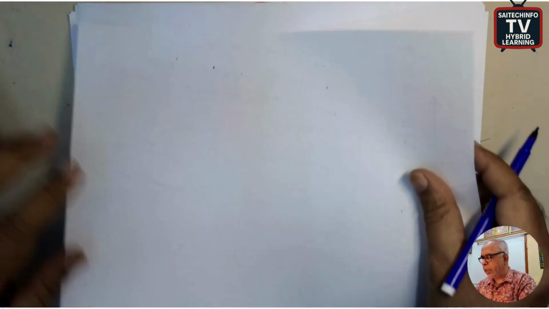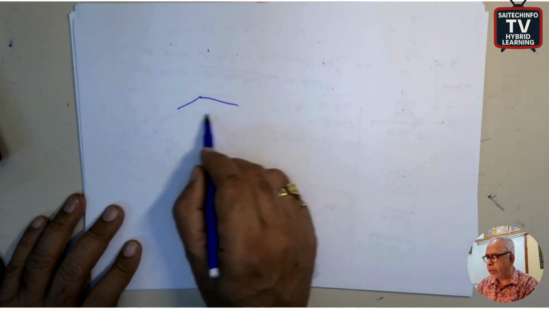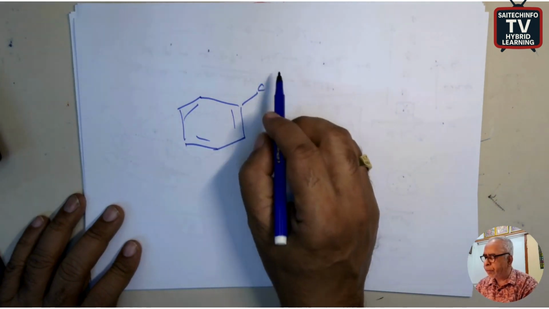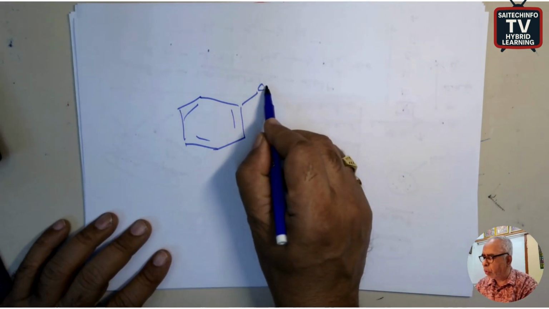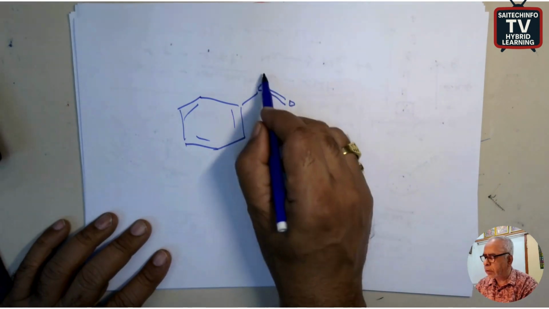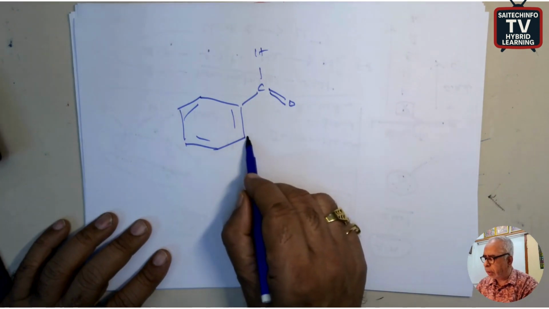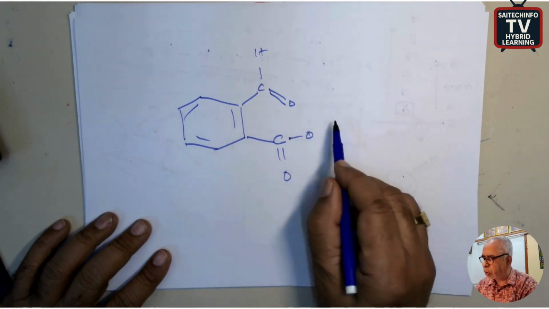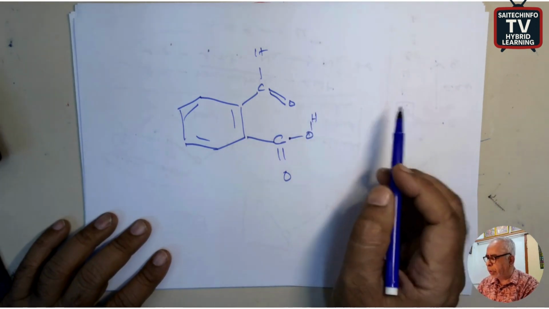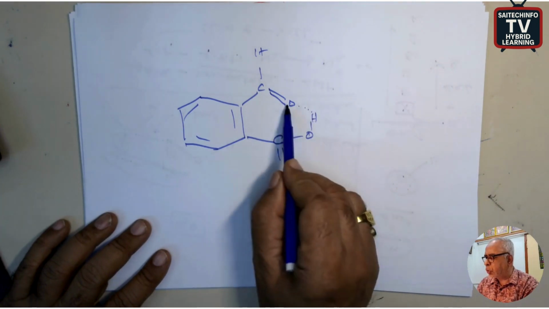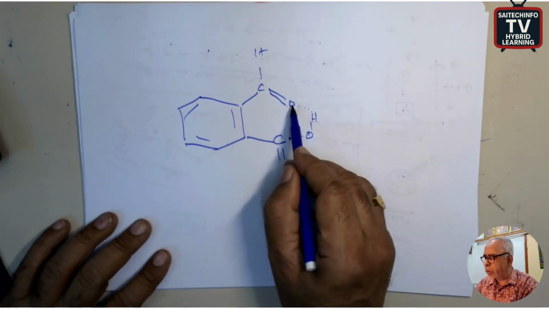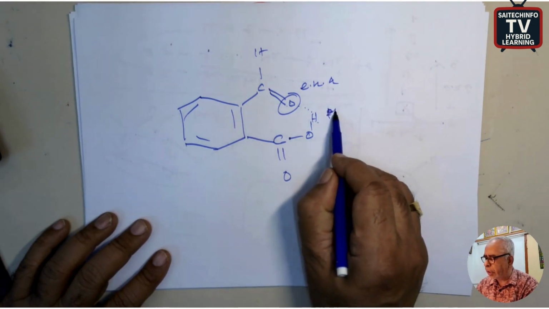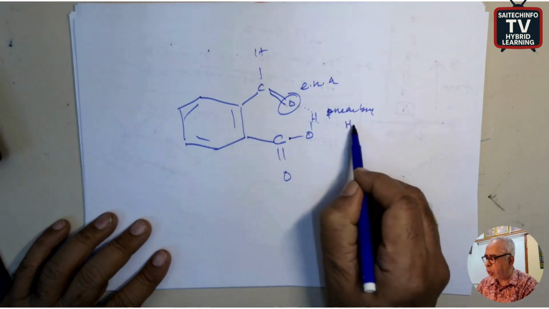I'll explain the intramolecular hydrogen bonding. Let me consider salicylic acid or salicylaldehyde. You have a C and H, then O. Let me highlight this CHO. And here you have C, a double bond O, and then O, then H. Here there will be an interaction between this O and the nearby H because O is the electronegative atom and this is the proximal, or nearby, H atom.